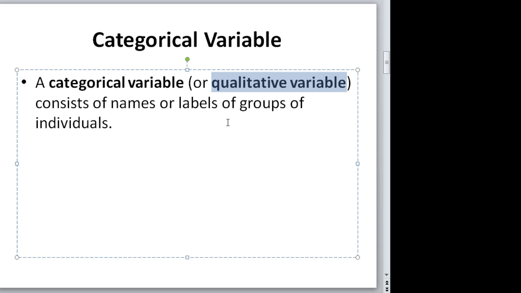Just like your name, nationality, eye color, or your major. All those things are not numbers, right? Your eye color is not a number. Your major, what you're studying, different students study different majors. These are non-number. Your nationality is non-number either. So all those non-number types of variables are called categorical variables.